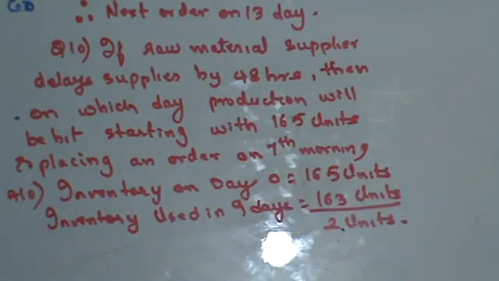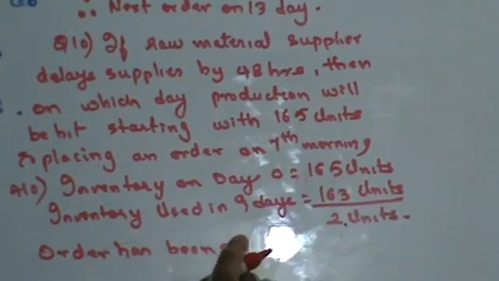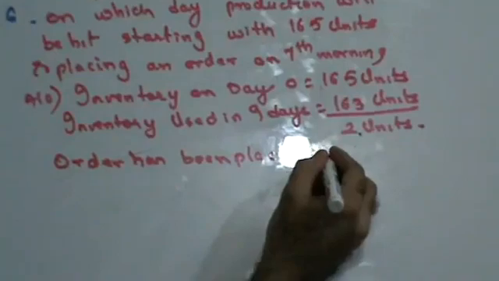So that means I will not have units for production on day 10. Now the order has been placed on day 7.